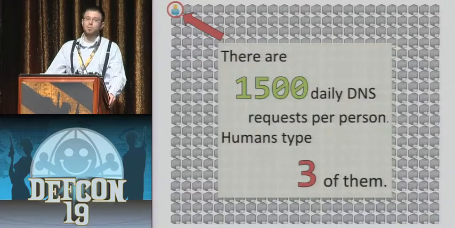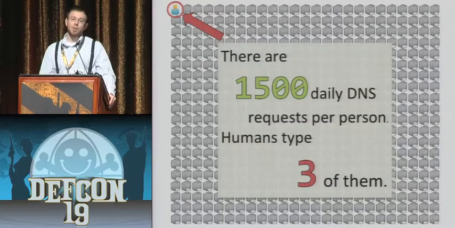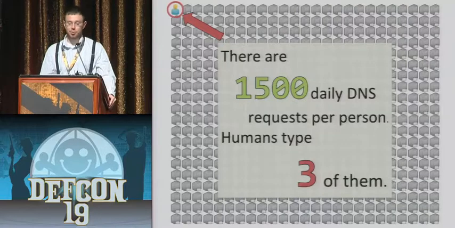A little bit about how I got these numbers. The 1,500 comes from doing some math on the OpenDNS blog. In a blog post dated this March, they said that they had 30 billion unique DNS queries per day. If you go to their website, it says that they have 20 million users. Doing some simple mathematics leads to 1,500 DNS queries per user.